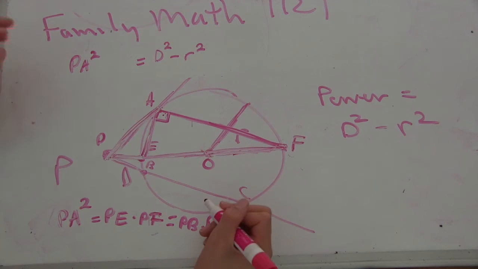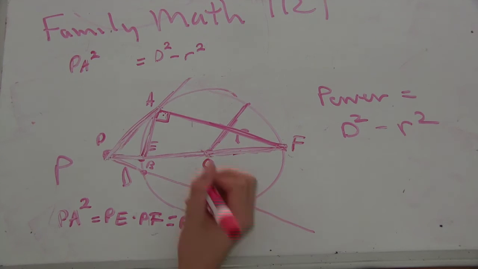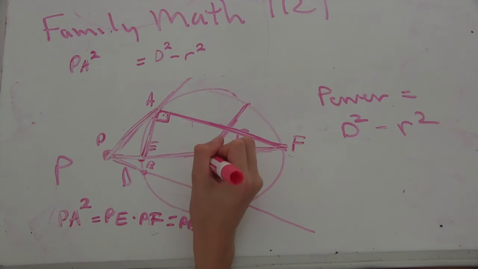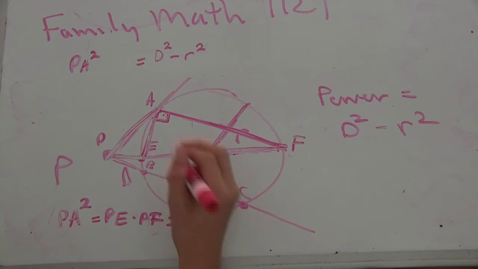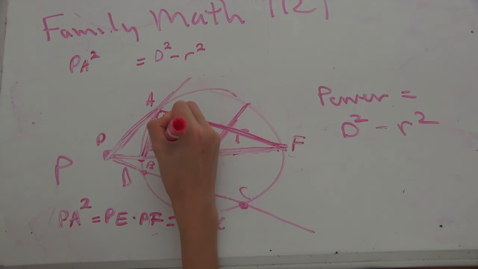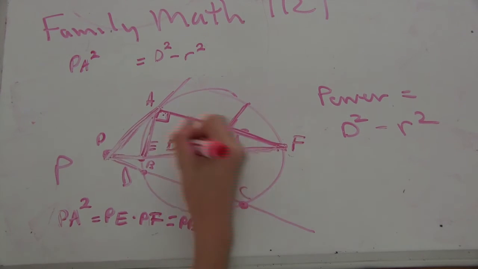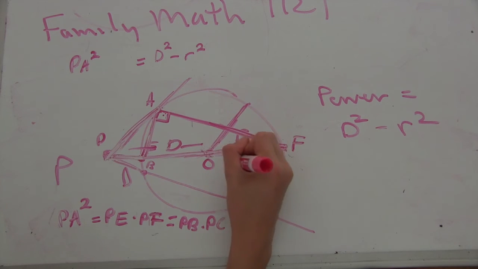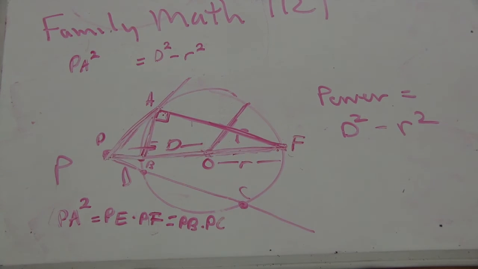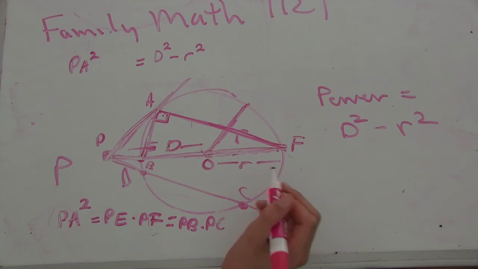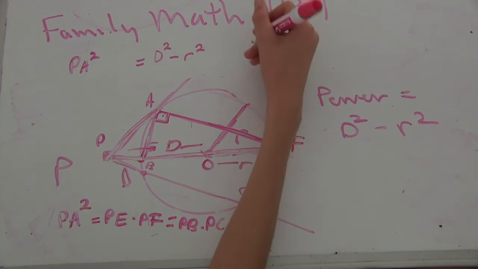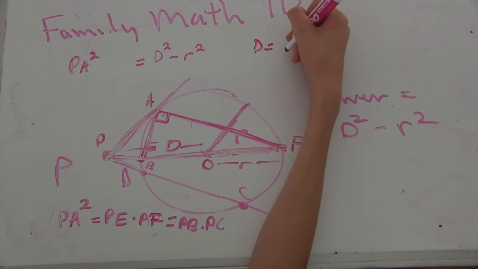So the total length of PE and PF is equal to D and R combined. So this is equal to D, and this is equal to R. Now is that creating D squared?